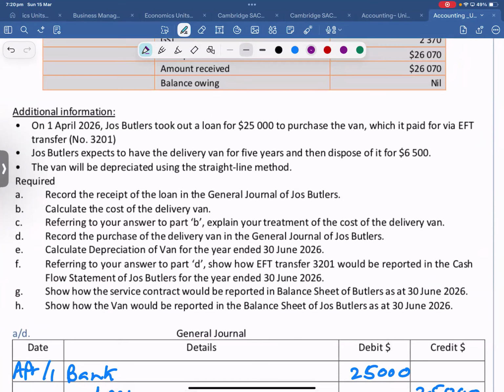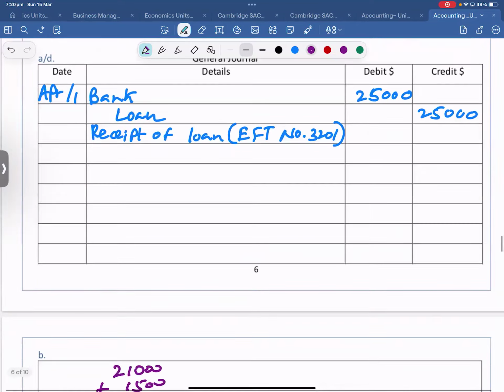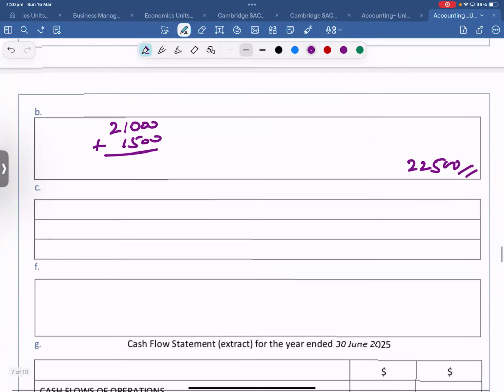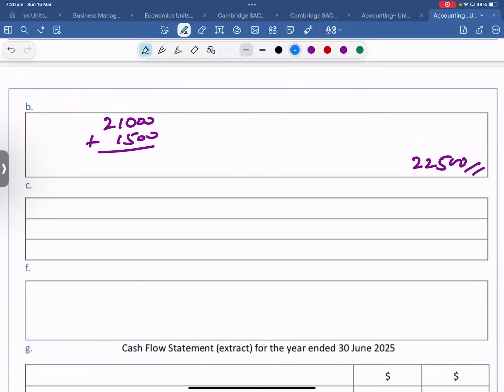Then part C. What's your treatment for the cost of the delivery van? How did you treat it? Cost of the delivery van, which is how much?